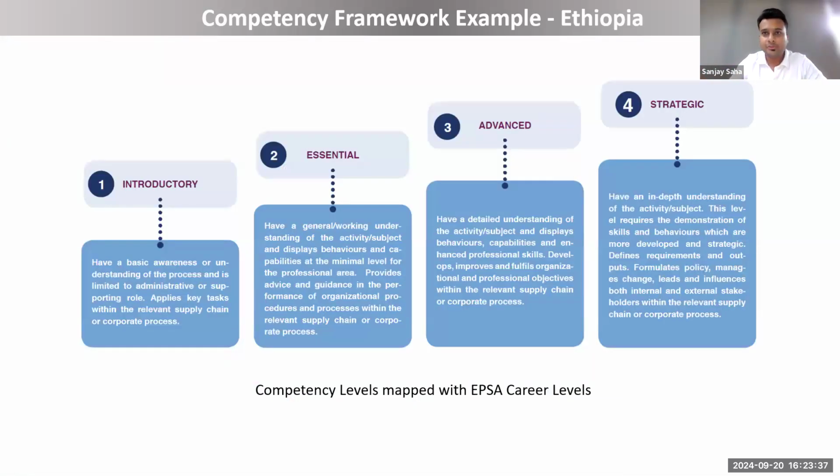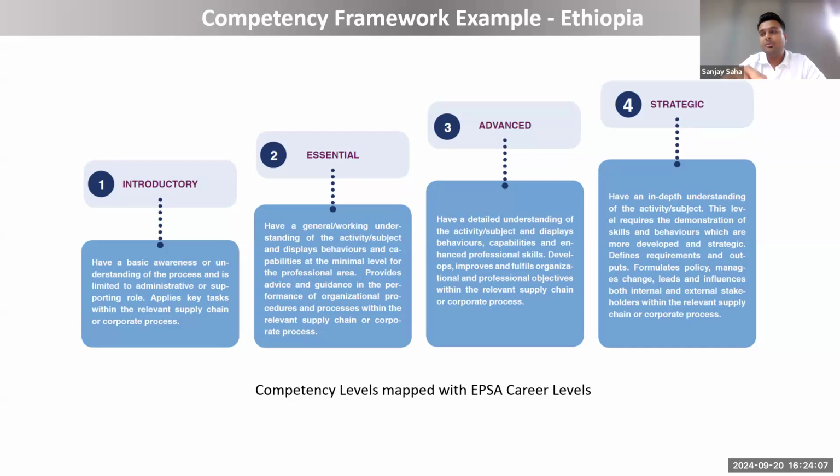So now we know that if someone is working in IPSA at the introductory level, the initial two job bands, we know what skills they need in the department that they're working in. So IPSA can recruit the people who have those basic skills, and then they can invest in training on those skills for those staff so that they go from introductory to essential.